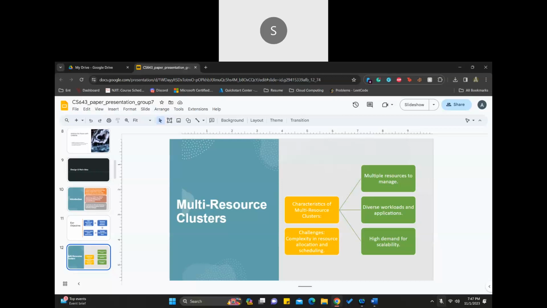So when we go to the challenge, complexity in resource allocation and scheduling. Let's understand the resource allocation and scheduling challenges. Resource allocation is basically about assigning computation resources to tasks based on the need. The goal is to maximize performance while minimizing waste.